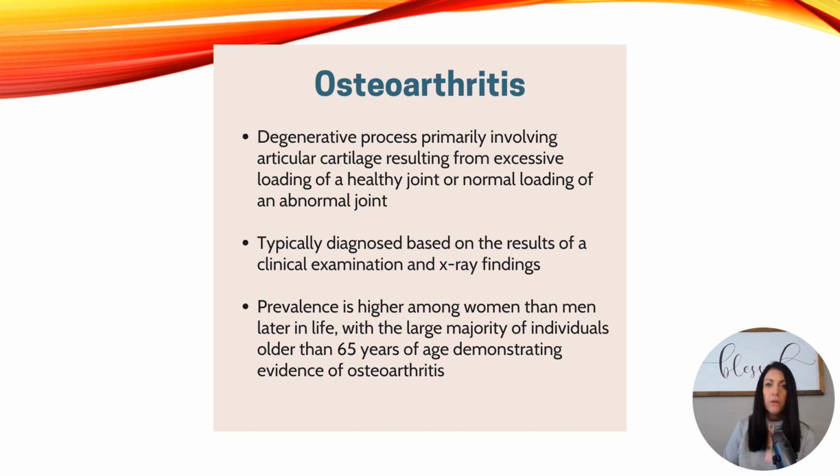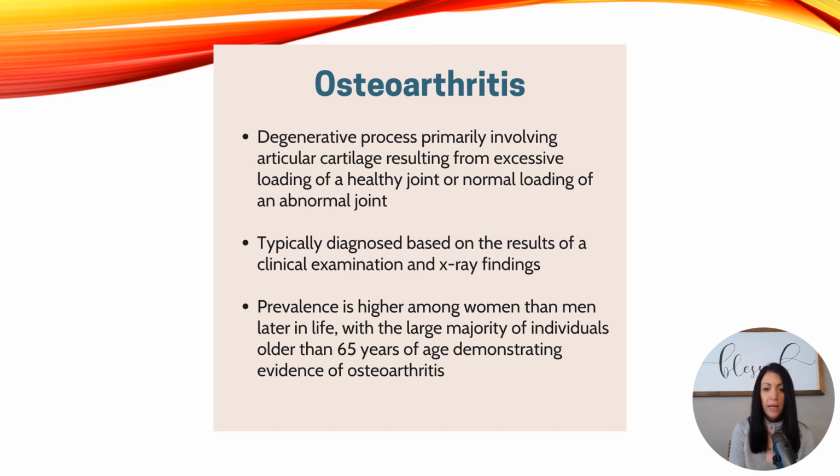So for osteoarthritis, as we already know, it is a degenerative process and it involves the articular cartilage and results from excessive loading of a healthy joint or normal loading of an abnormal joint.